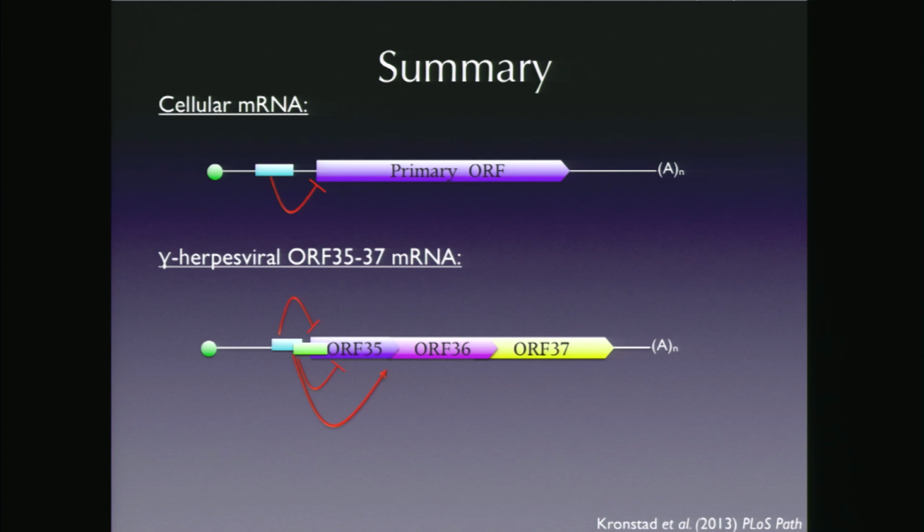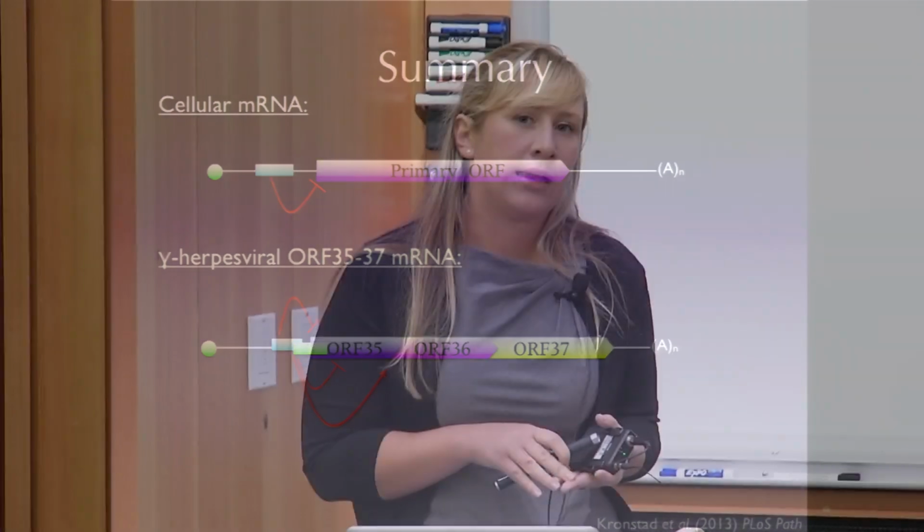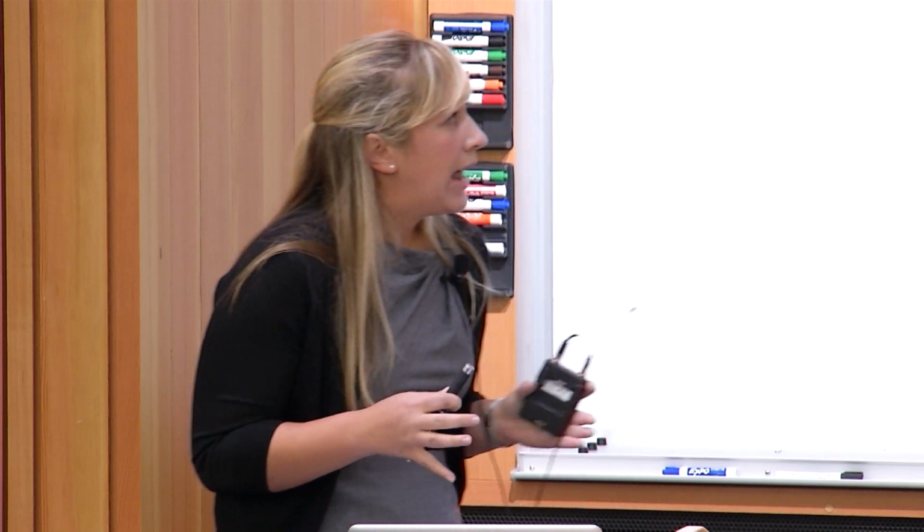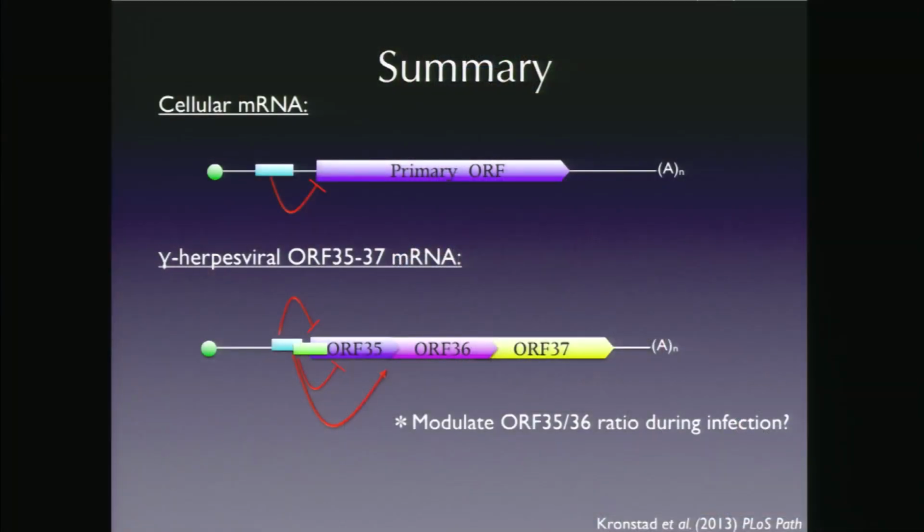And while this may simply be an elaborate mechanism to conserve coding space, we're currently investigating whether these uORFs serve as some sort of translational switchboard, allowing for the expression of these proteins either at different points during the viral life cycle or under certain cellular conditions. And excitingly, we've identified a second KSHV bicistronic mRNA that harbors a uORF in its 5' UTR. And we're excited to see how widespread this mechanism is in nature.